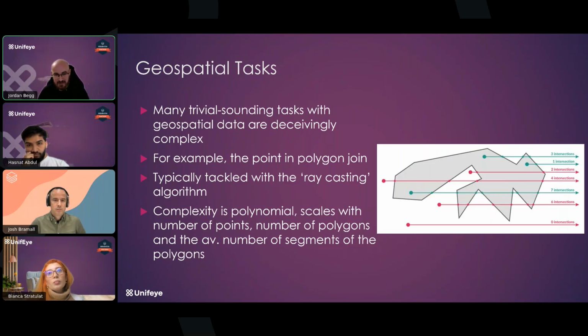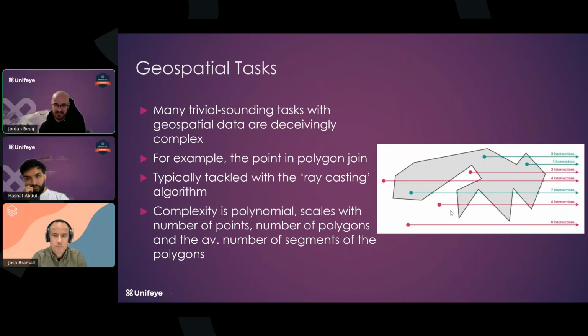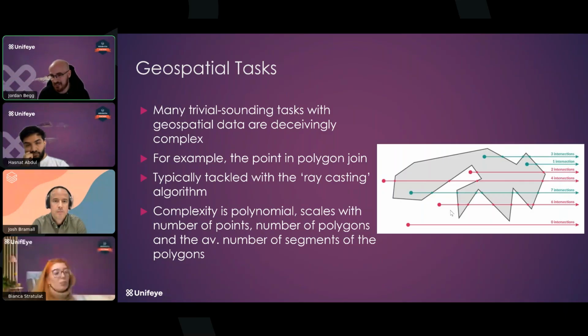It doesn't sound too complicated at first, but then you try and figure out how it actually works. Well, this task is a spatial join, or a point and polygon join, and the typical way to tackle it is with a ray casting algorithm, which is what you can see on the right hand side. Basically, what it involves is drawing a line, it could be in any direction, but in this diagram to the right, from the point out, and then you count how many times it crosses an edge of the polygon.